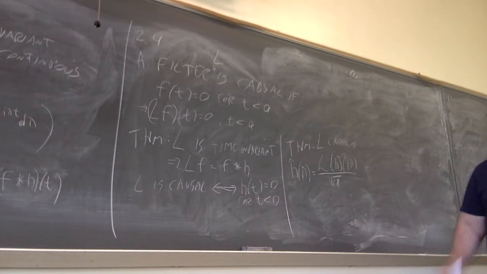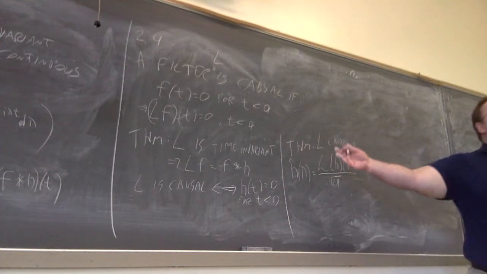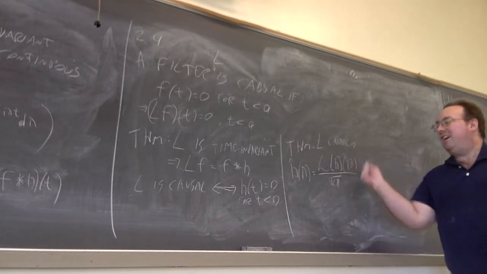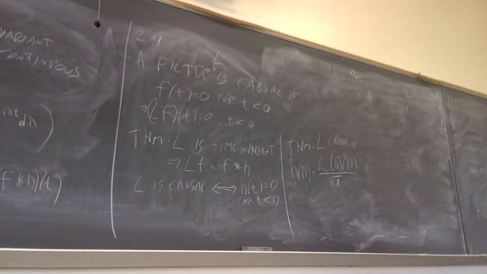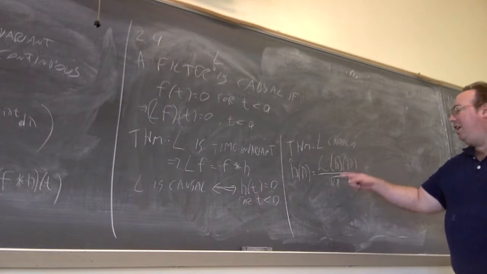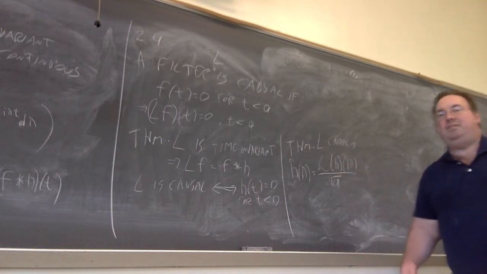There's no way those can be equal unless the function you're taking the transform of is 0 for negative t. And because it is in the causal case, that's why you can do this. I have no need for this later, but I just want to mention, in the causal case only, there's this nice connection between the Laplace transform and the Fourier transform of your filtering function, that they're closely connected.